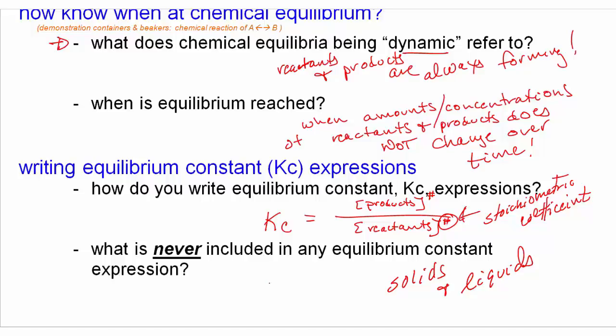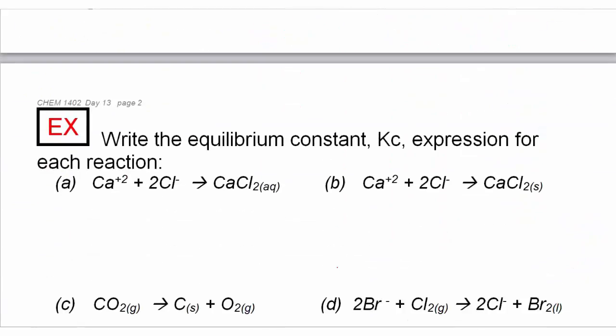So if you have pure water, a liquid, you don't write it in the Kc expression. It's a constant number. It doesn't matter how the amount is, the concentration is always 55.4 molar. So pure liquids and pure solids we leave out. Those numbers actually are brought into the Kc number, and we'll see that.